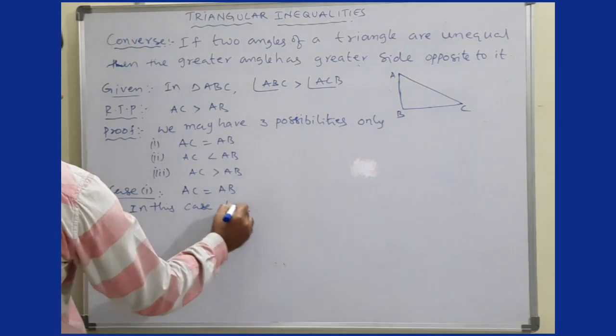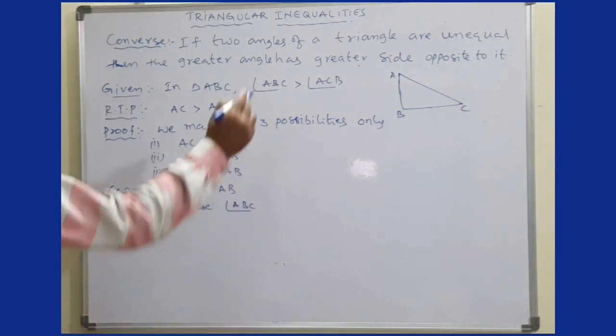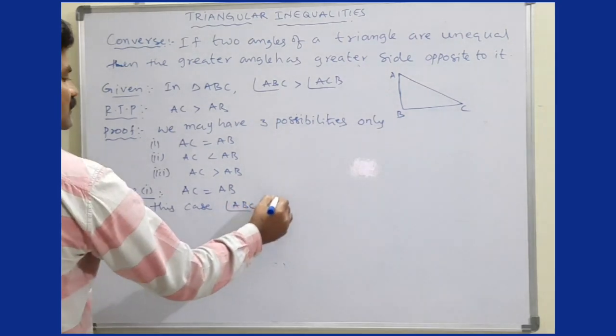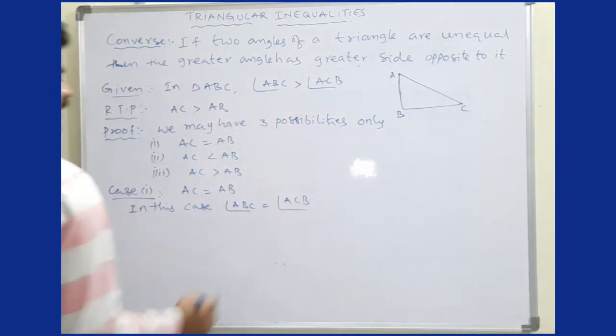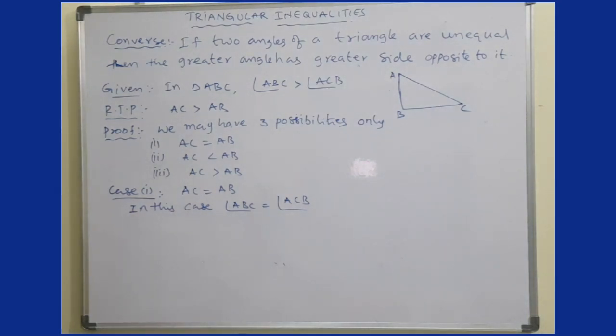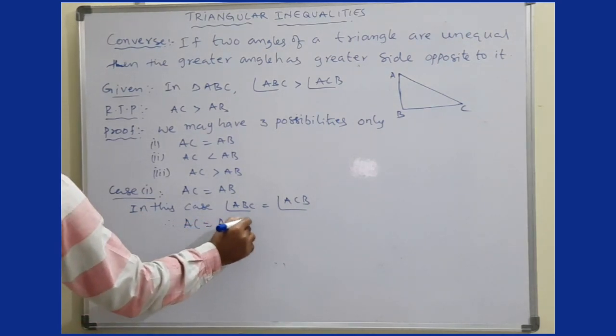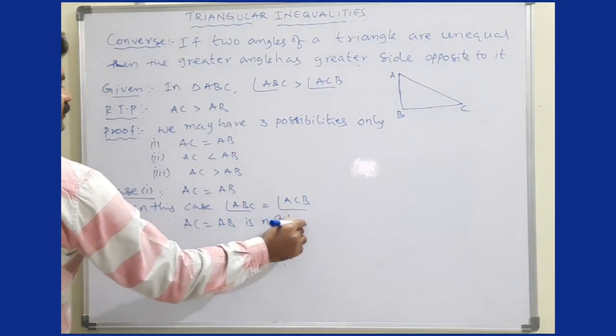So angle ABC is equal to angle ACB. But according to the statement, this angle should be greater. Therefore AC equal to AB is not true.